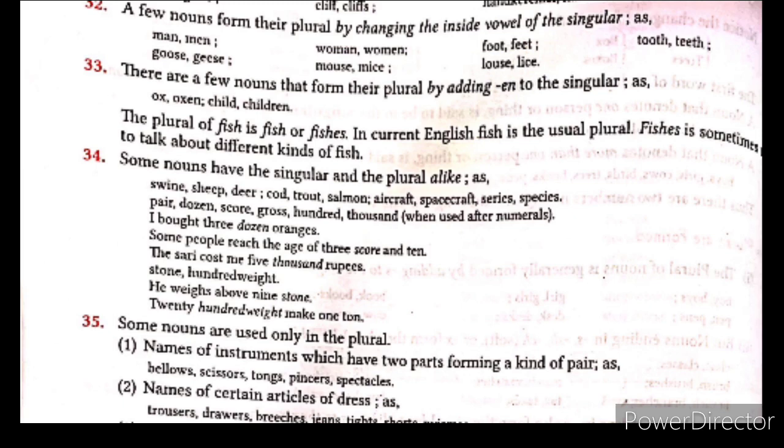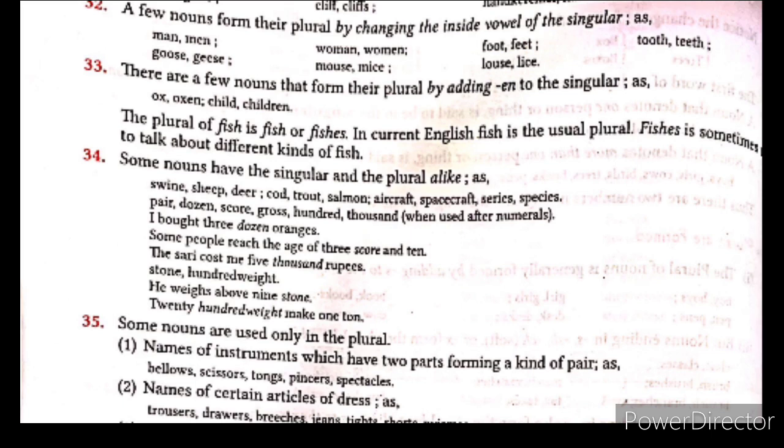Man is a singular noun, and when we change a to e, men is your plural noun. Mouse: I will change the vowel o, and it will turn out to be mice. That will be a plural. Clear?